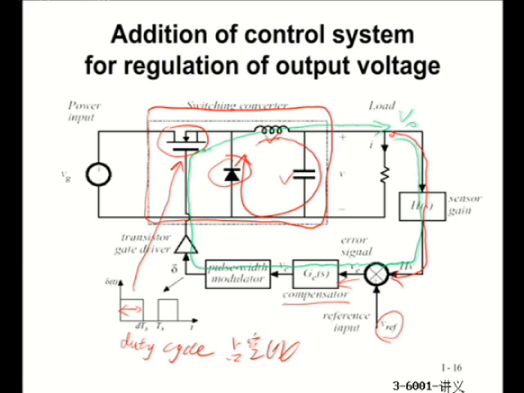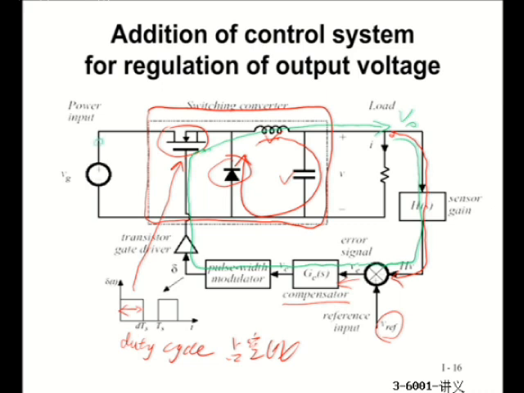Okay, and then let me give you an example of feedforward. Let's see. Somebody said if there is a change in VG, a disturbance coming from the energy source side, I can measure that change in VG.